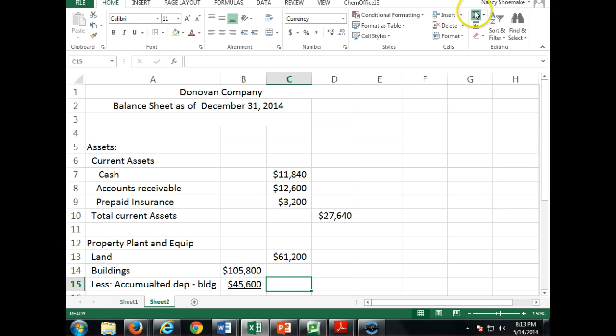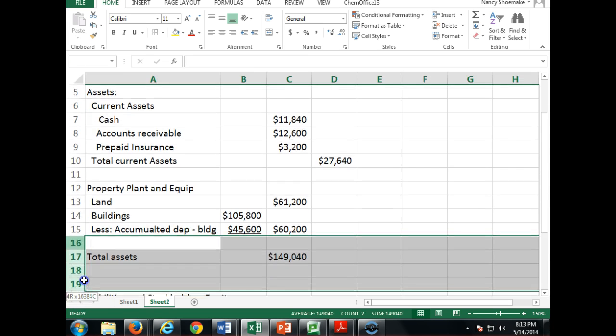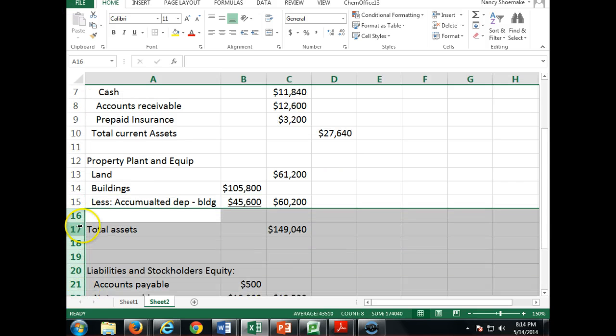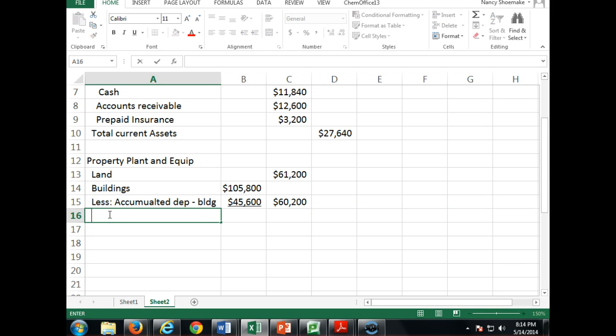So the adjusted basis on this building is 60,200. And then what about equipment? Equipment, 82,400.